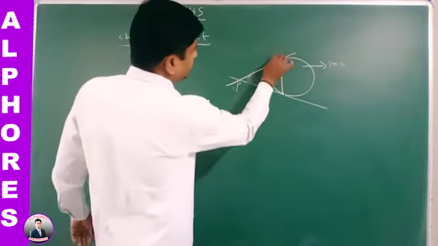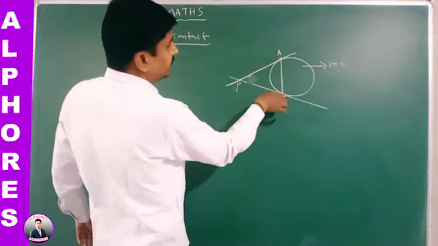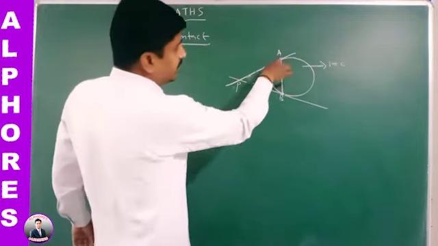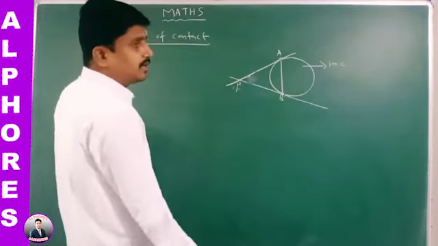In this diagram, A comma B are the points of contact of the tangents. Here the chord AB is called the chord of contact of P.